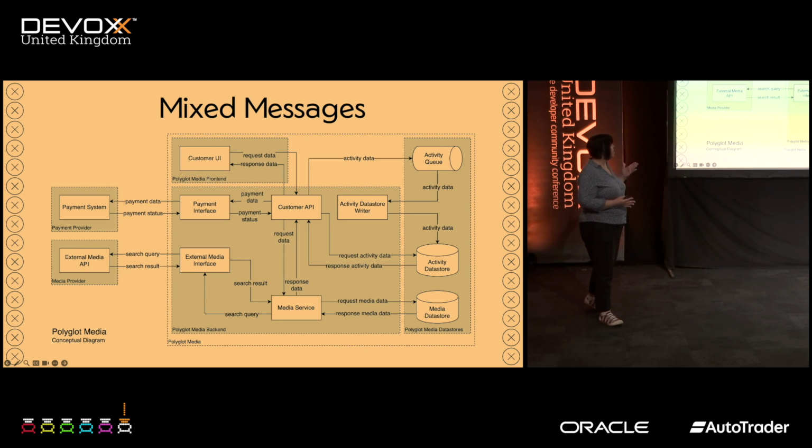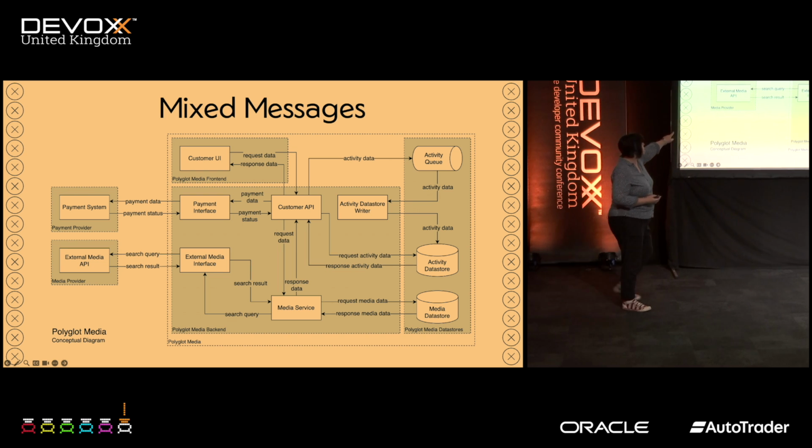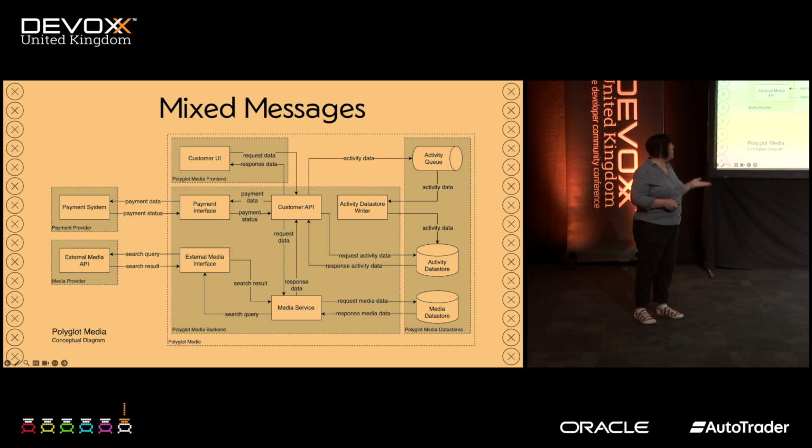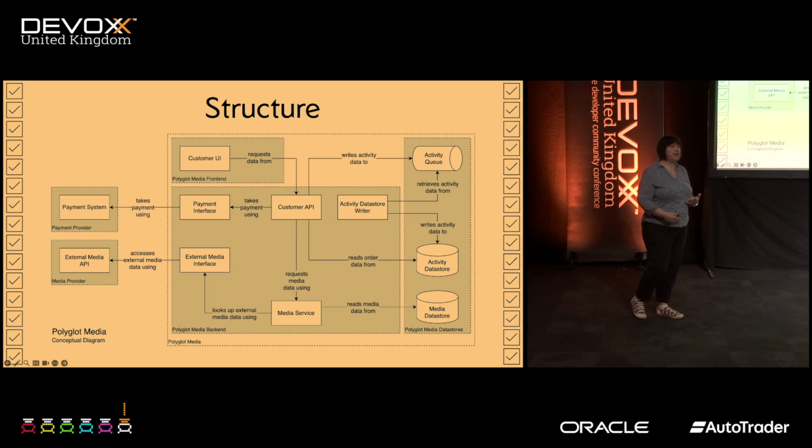So if we have a diagram like this one, and thinking of color, on my monitor, this looks blue. So if we have this mixture, there's more information in there, and so it's more to actually take in the first place. But if we split it out into more than one diagram, this was just a boxes and lines diagram, this one now much more simply communicates the structure.